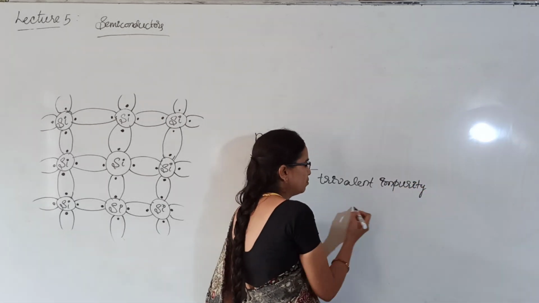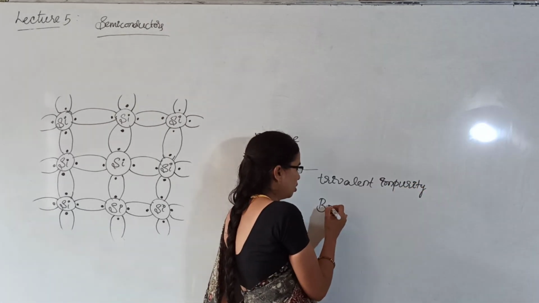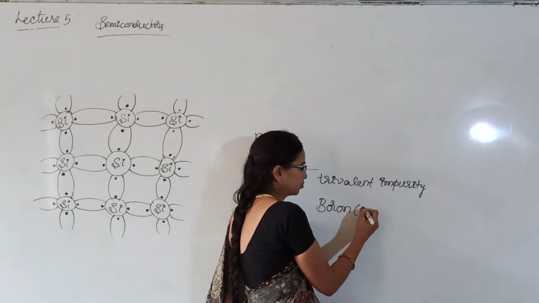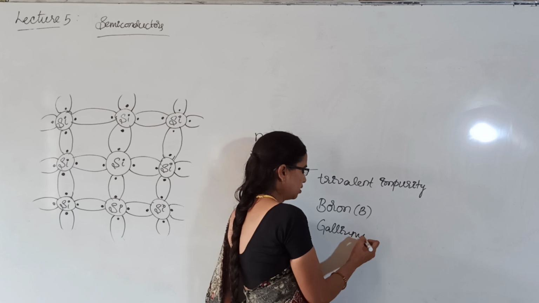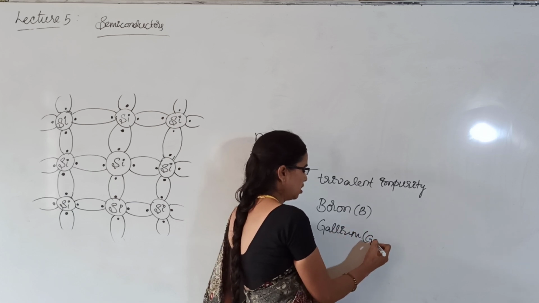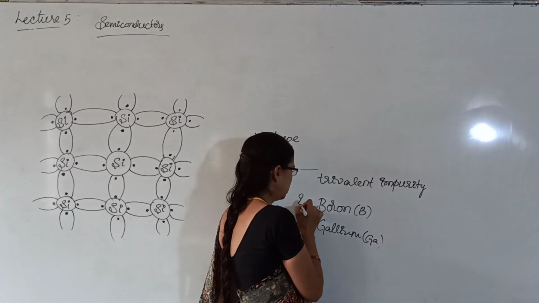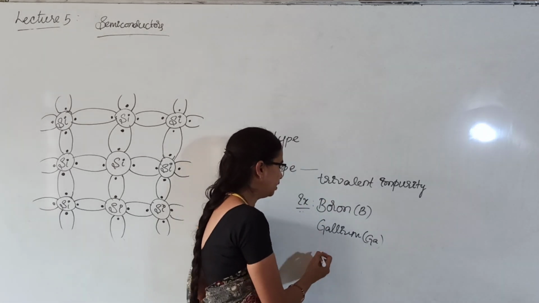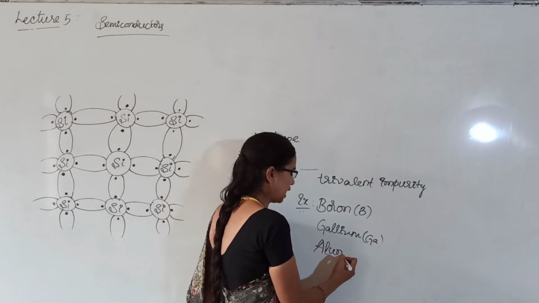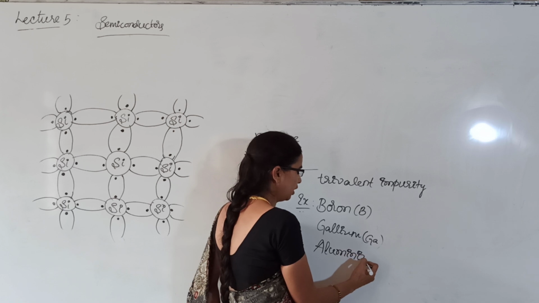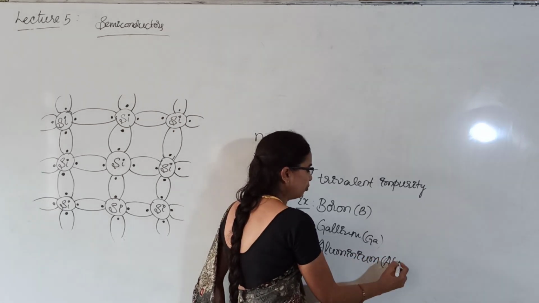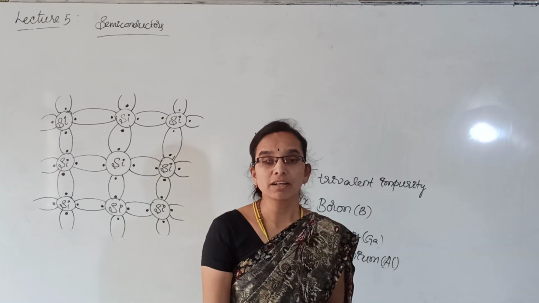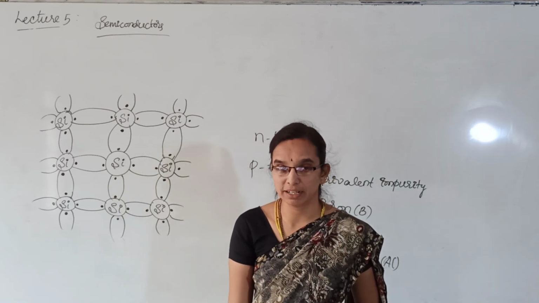Trivalent impurity atoms such as boron, gallium, examples for trivalent impurity atoms are boron, gallium or aluminum, anything you can take. When trivalent impurity atoms are added, we will get P-type semiconductor.